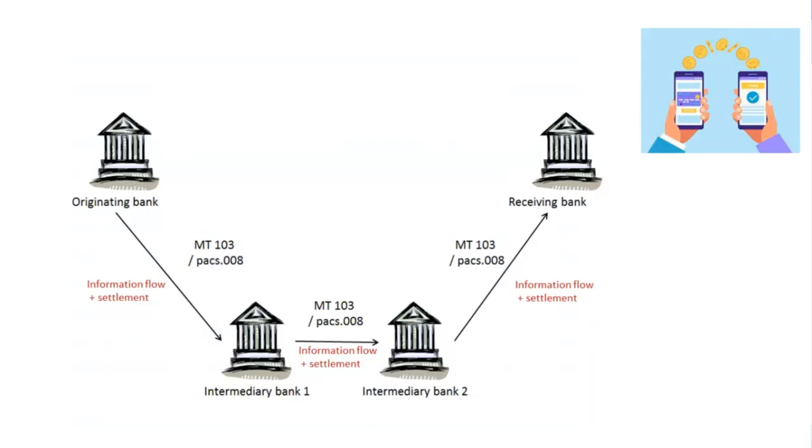Now, with the fintech industry, one of the big challenges is the concept of an intermediary bank. Why? Let's say I'm in Kazakhstan and I'm sending money to somebody in Russia.